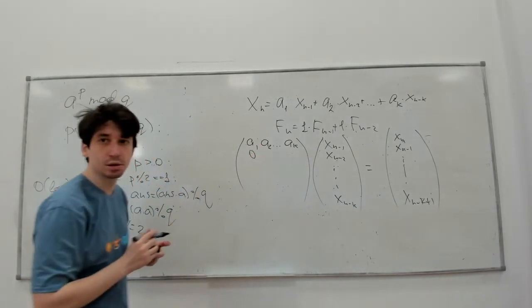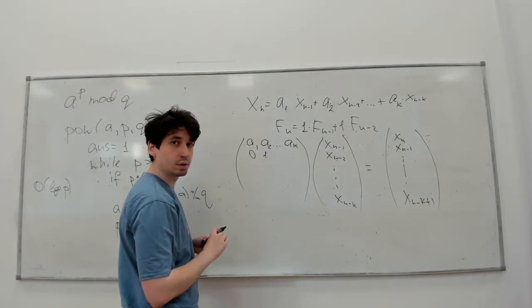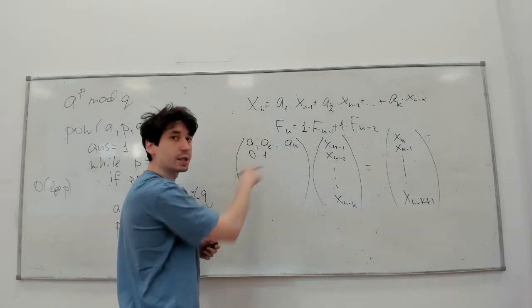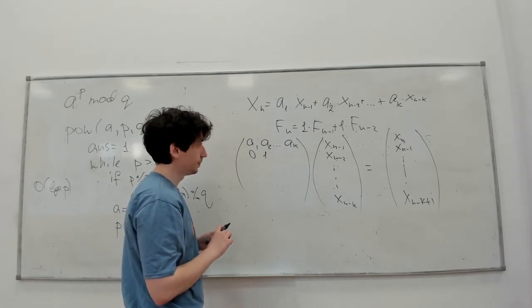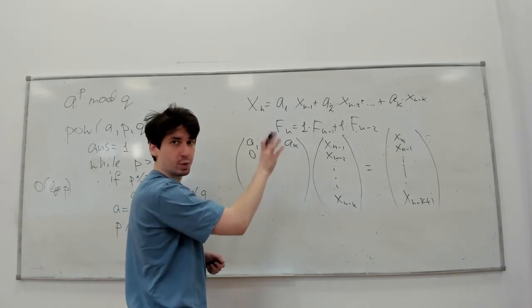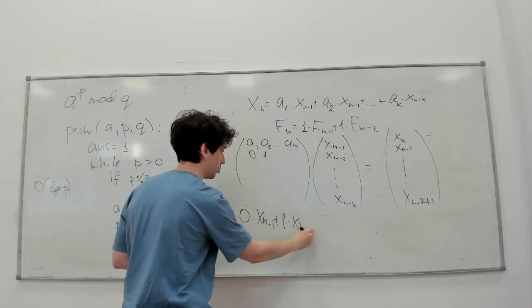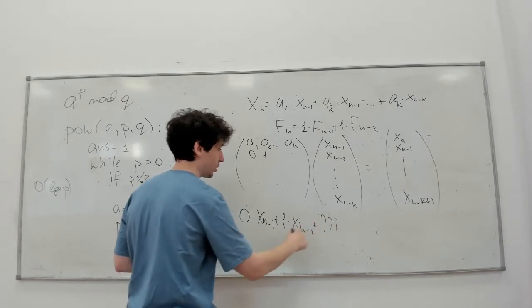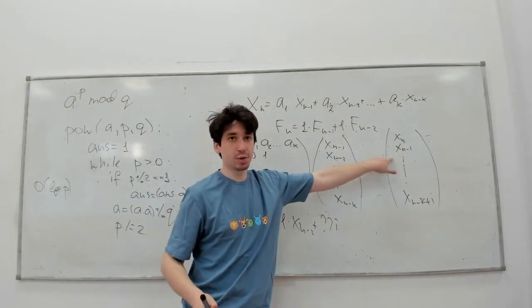Okay, what next? 1. Okay, then what are the next? Let me give you a hint here. So suppose this is 0 and 1, okay? We take this one. Then how does it look like? It will be 0 x n minus 1 plus 1 x n minus 2 plus some terms after. And we want to get x n minus 1 here.